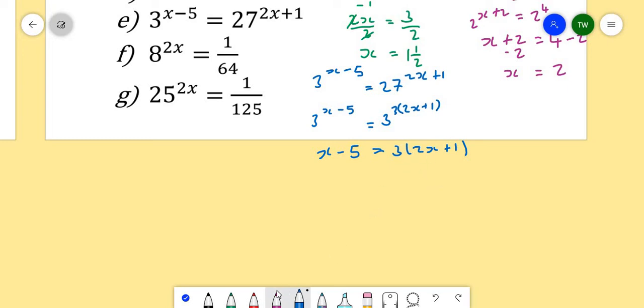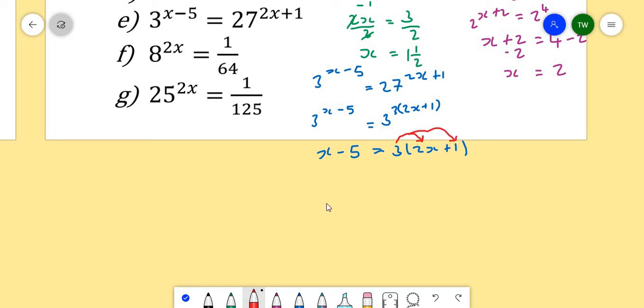Now, we have to apply the distributive law in order to remove the bracket, which states that whatever is outside of the bracket, we must take it to multiply each term inside of the bracket. So let me draw some arrows to show that. We're going to take the 3 here to multiply the 2x. Then after we finish that, we're going to take the 3 to multiply the positive 1.